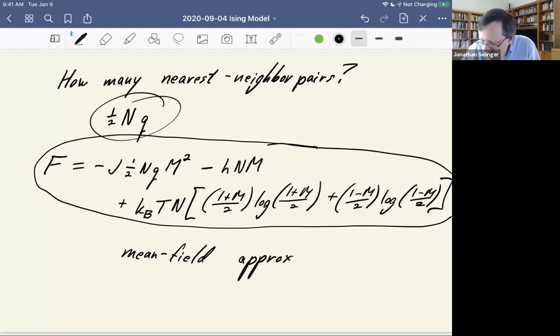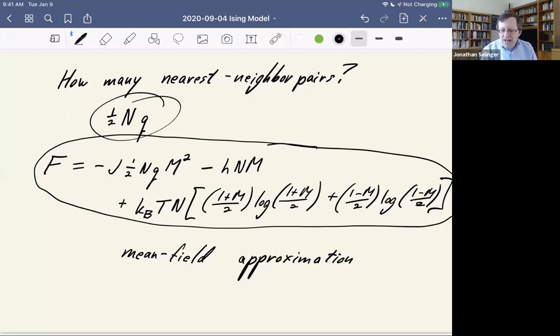Dr. Selinger? Please. How much more complicated would this problem have been had you not made the mean field approximation? A million times more complicated. I don't know, it would have been vastly more complicated. In general, it is not solvable exactly based on decades of research.